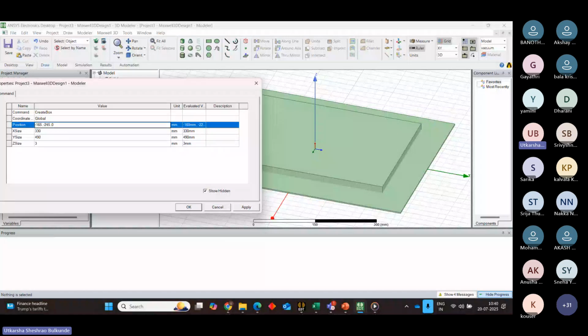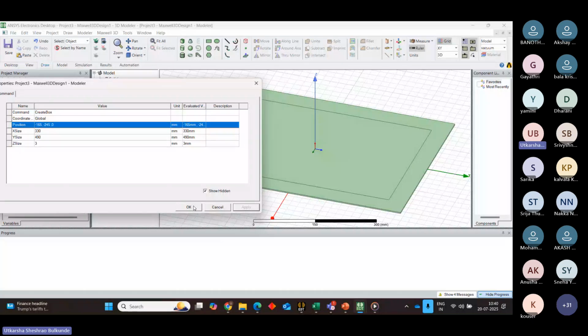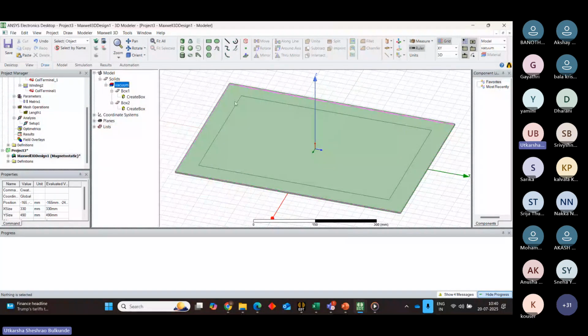And because I want it on the zero axis, keep here 0, because I don't want it to float in air, right? I want it on the ground. So position I have kept here 0. Okay, apply. Now can you see, this is your outer dimension and this is your inner dimension.